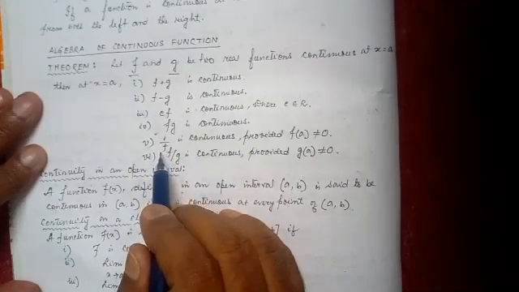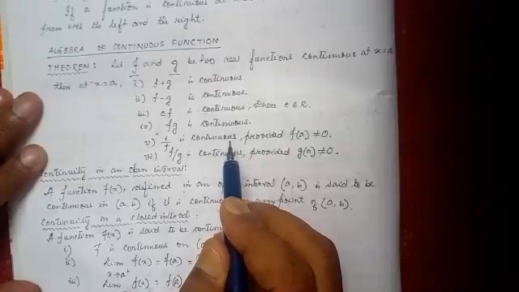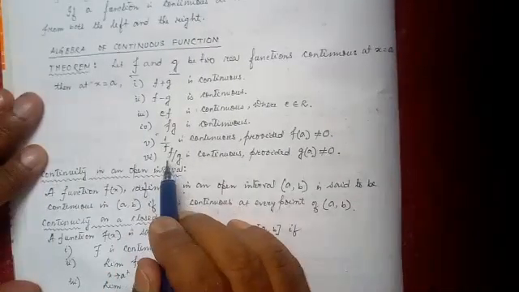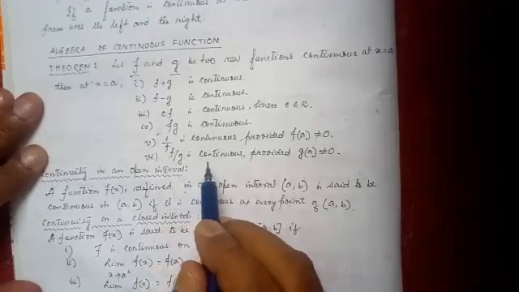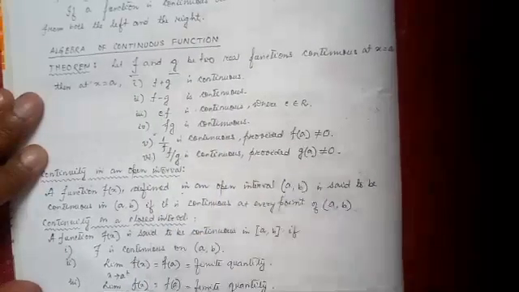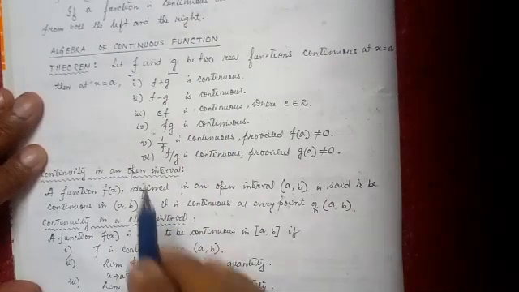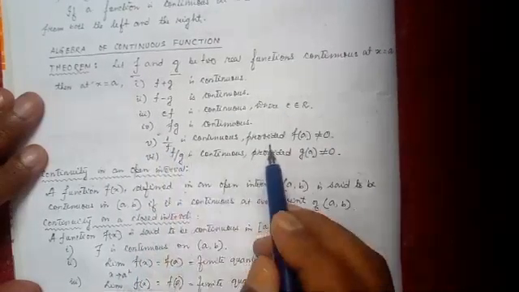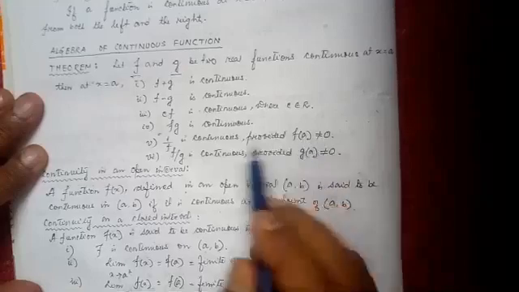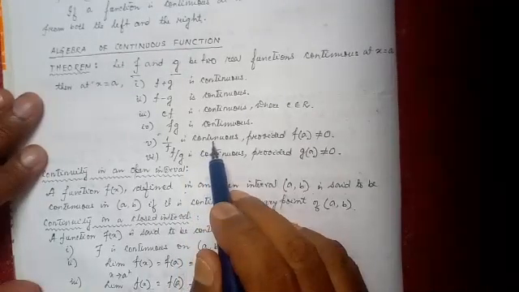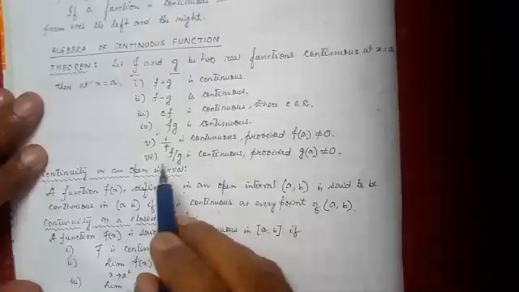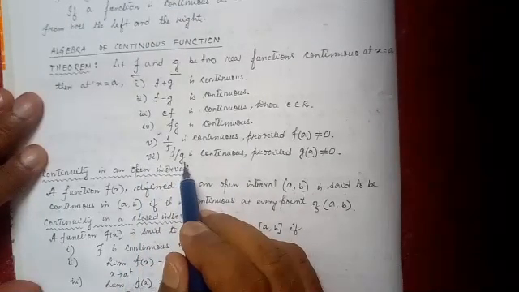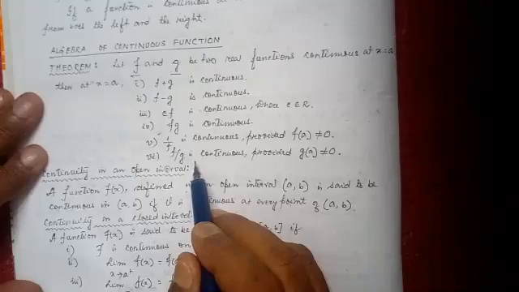Then 1 by f is continuous provided f of a is not equal to 0, and f by g is continuous provided g of a is not equal to 0. Because here in the fifth, 1 by f is continuous provided f of a not equal to 0. If f of a is equal to 0, it becomes undefined. Similarly, in case of the sixth, if g of a is equal to 0, then f by g becomes undefined.